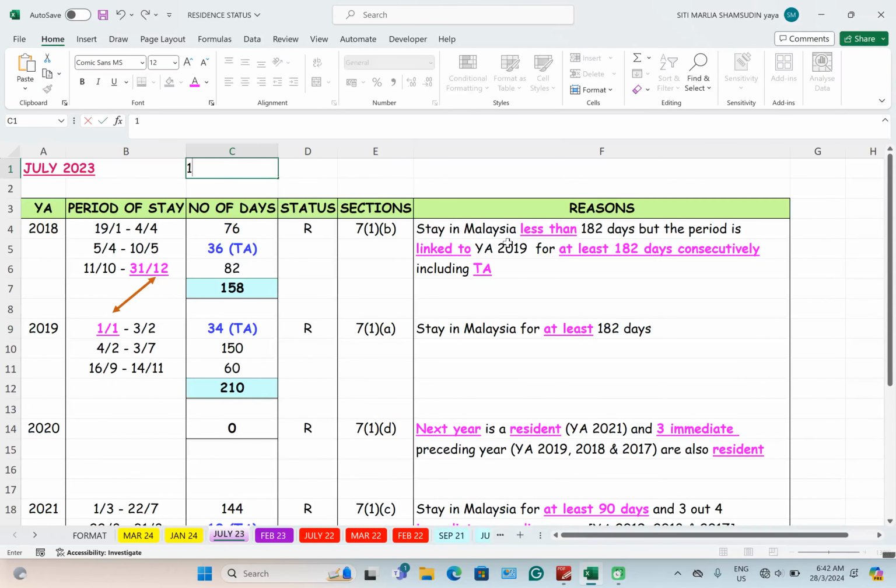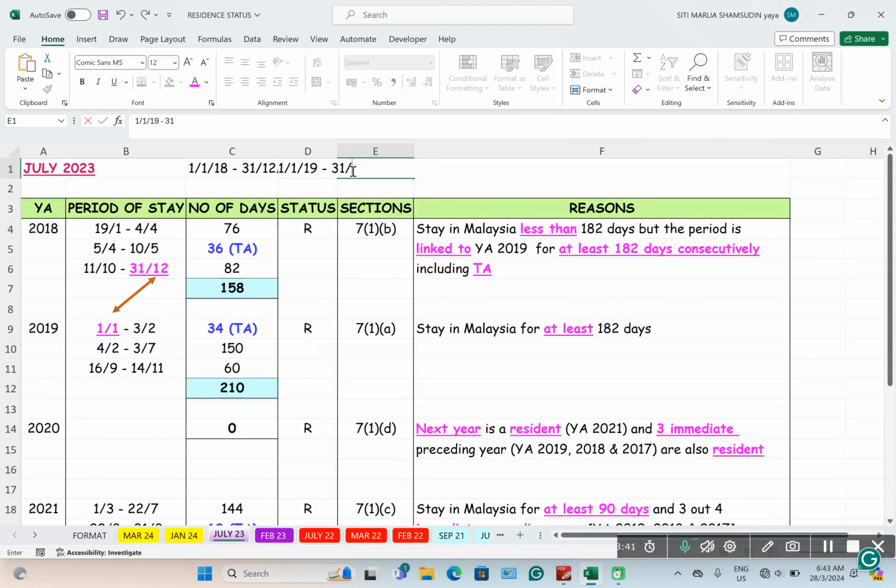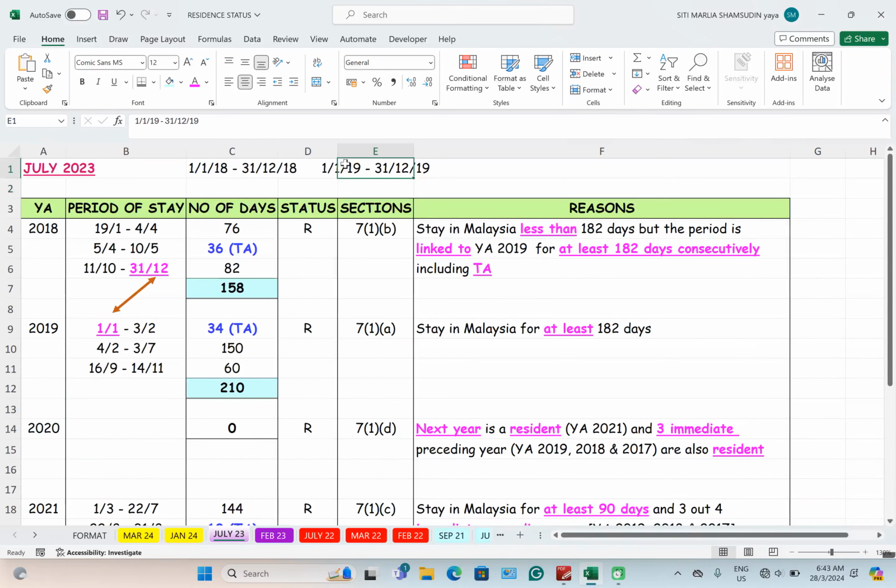For example, 1st January 18 to 31st December 2018. So this is the calendar for 2018. 2019, 1st January 19 to 31st December 19. So this one is the calendar for 2019. Guys, this is 2018. You want to cross over to the next year. So what are the conditions in 2018?